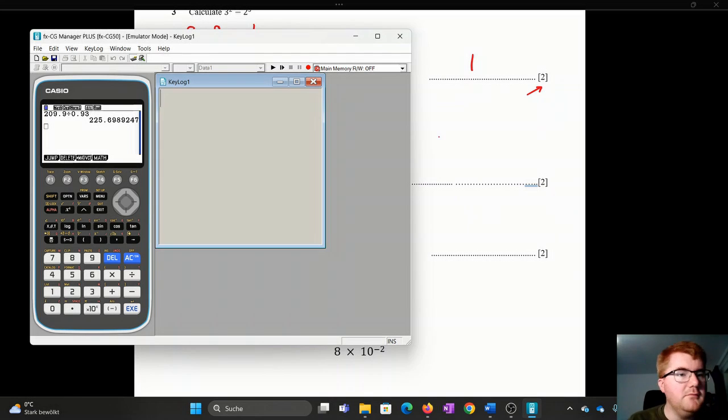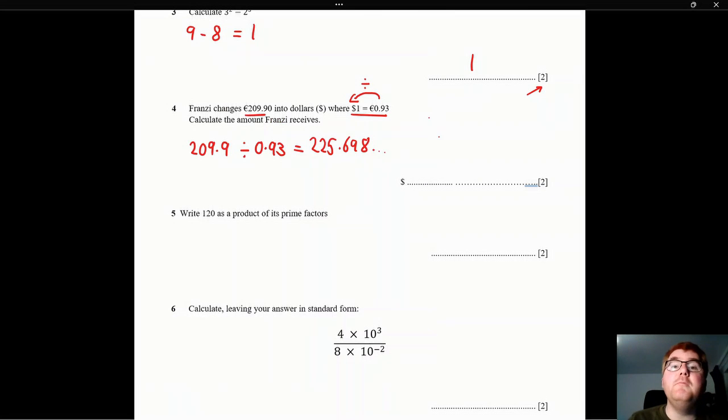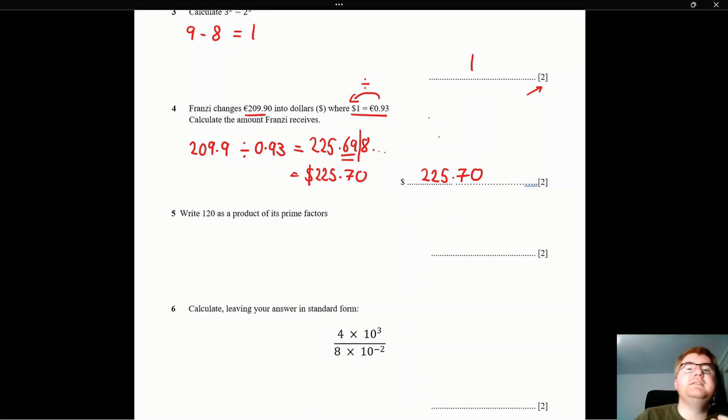Again, always double check. And generally with money questions, we round to, in this case, the nearest cent. So we need to round to 2 decimal places, and that's going to give us $225.70. So let's pop that in. And again, we always want to make sure this makes conceptual sense. So euros here, again, are worth slightly more than dollars. So again, we should have more amount of dollars at the end.